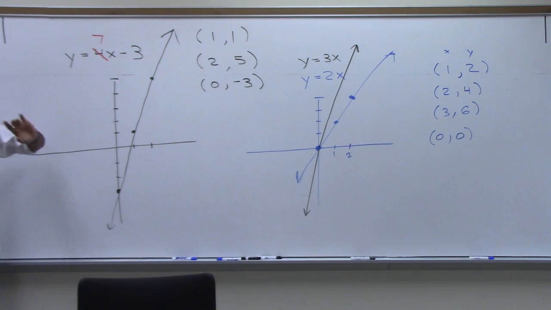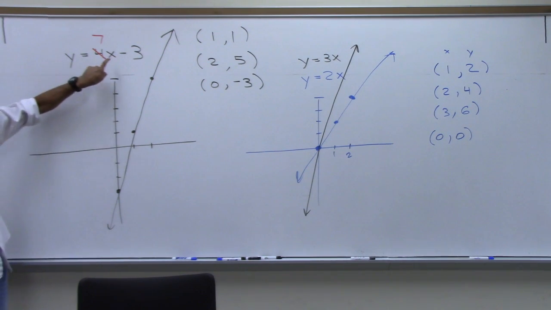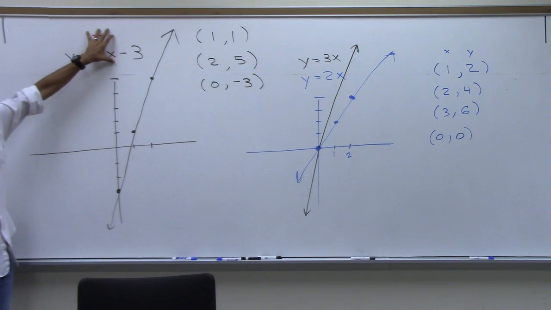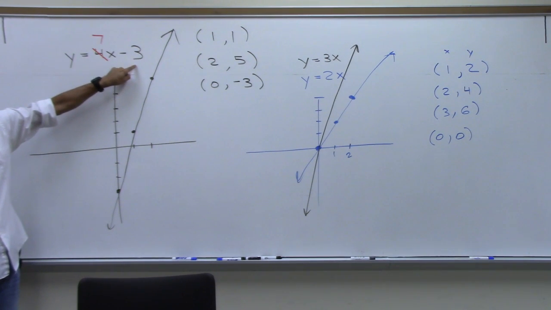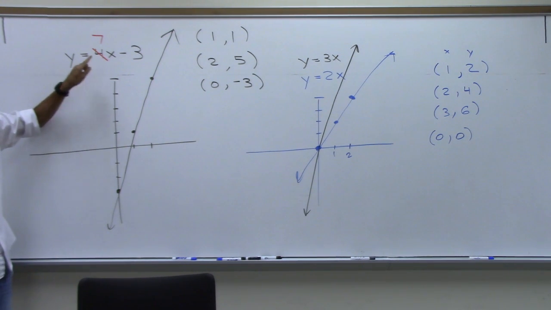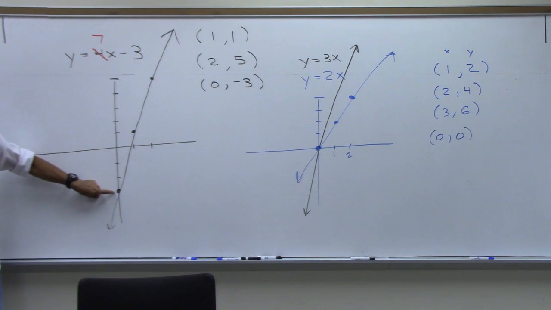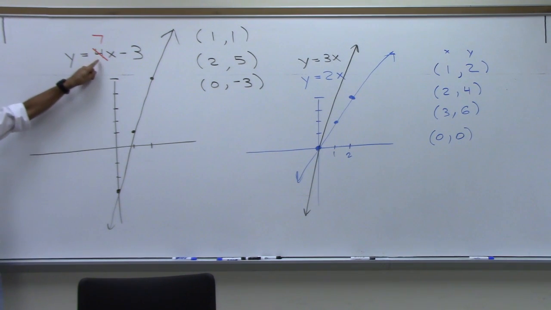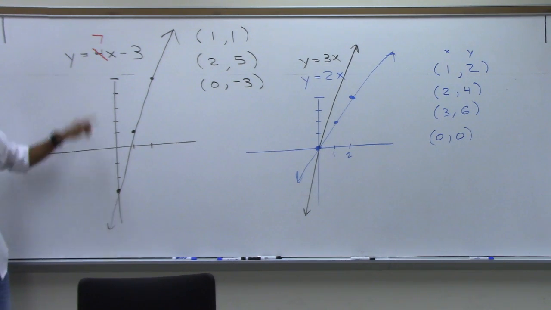So think about this. This is important. If I plug 0 in here for x, it kills this off completely, and I'm going to get -3. And that 4 and the 7 didn't have any impact on that, did it? So if I change this to -10, that point's still going to be there, right? If I change that to 1/2, a fraction, that's still going to be a point.